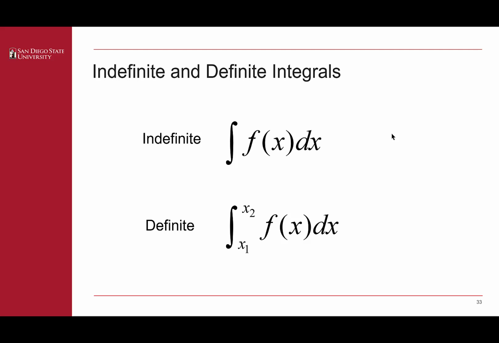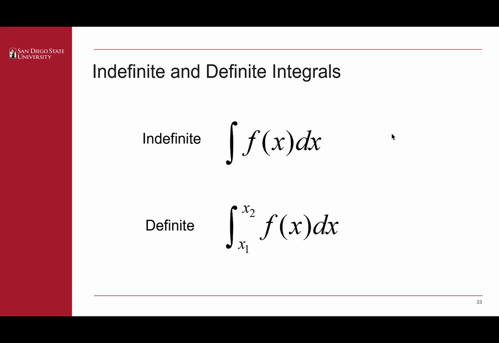However, with the definite integral, you see there are boundary values, which are values of the variable x, under and above the integral symbol. This means that this integral is lower bounded by the given x1 and upper bounded by x2.